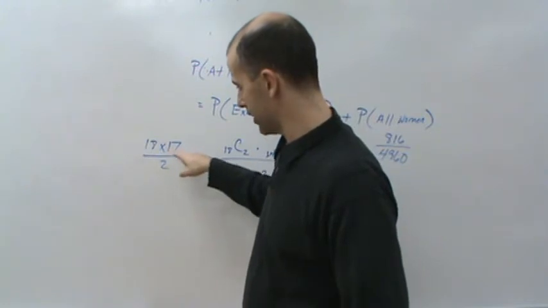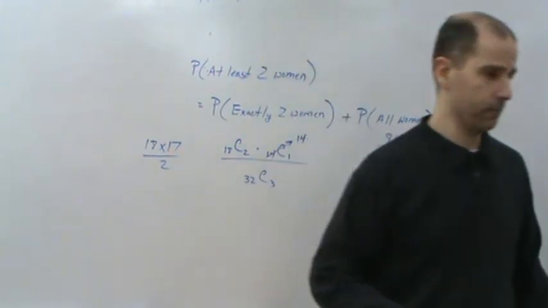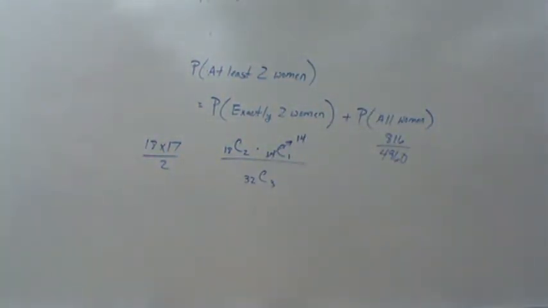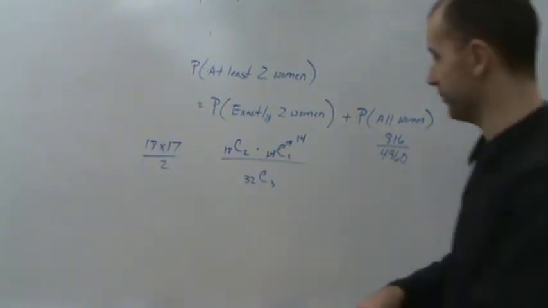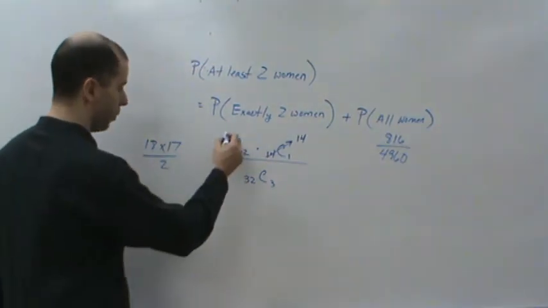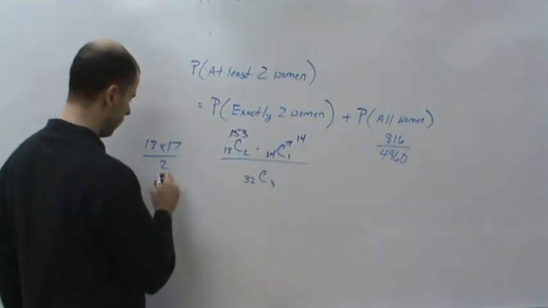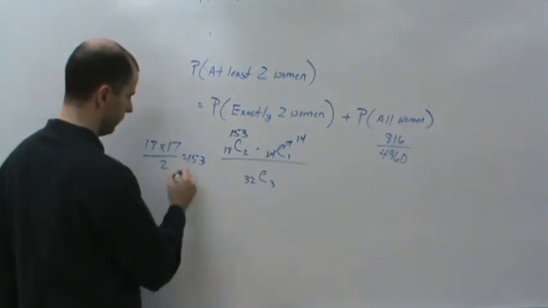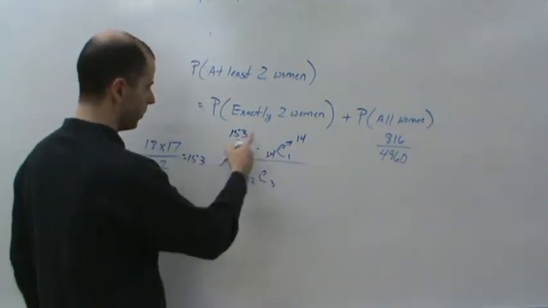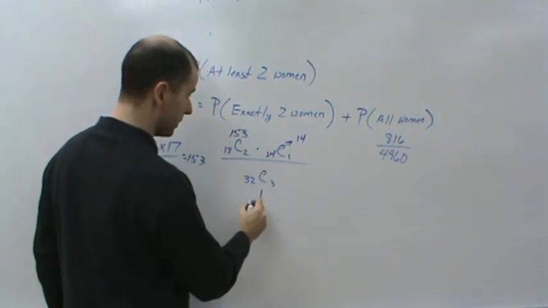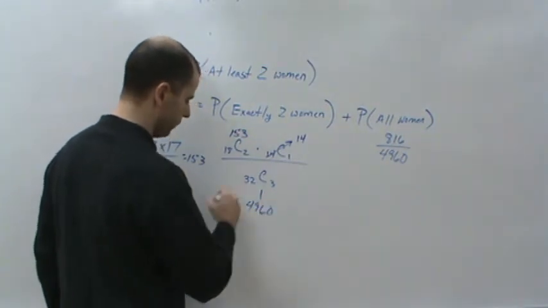So the number of permutations divided by k factorial. So I didn't use the formula directly there. So it's going to be 18 times 17 divided by 2, and I get 153, right? So this number here is 153, okay? So 153 and 14, and then of course this is 4960, okay?